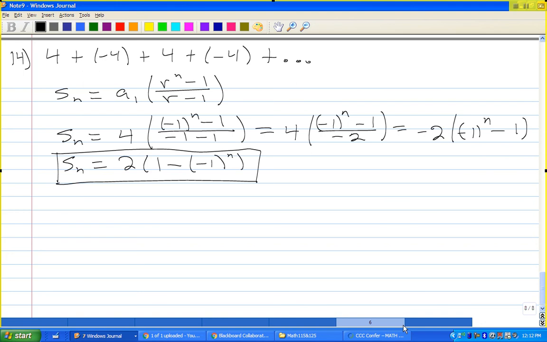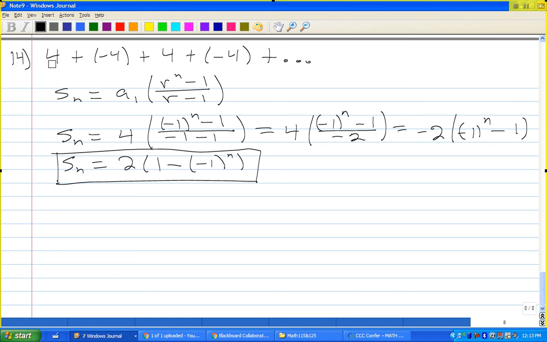Notice that when n is even, negative 1 to an even power is a positive 1. So 1 minus 1 is 0. That means that if I add an even number of these, I'm going to get 0. Whereas if n is odd, then negative 1 to an odd power is negative 1, and so I get 1 minus the negative 1, which is 1 plus 1, it's 2 times 2 is 4.